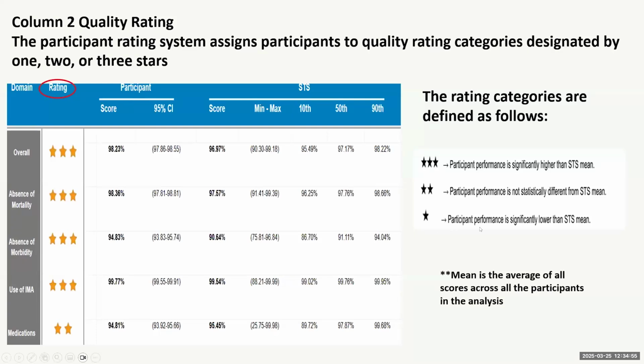And 1 star, your performance is lower than the STS mean. The mean is the average of all the scores across all the participants in the analysis.